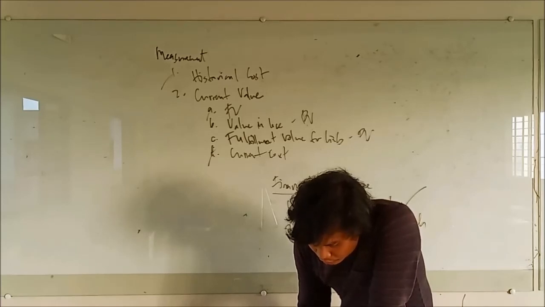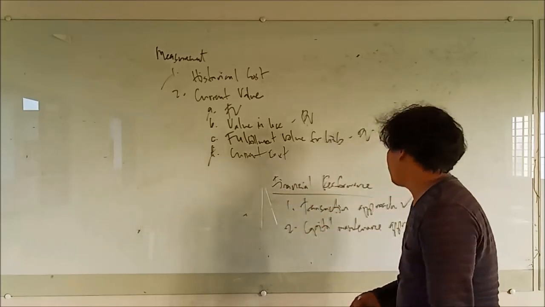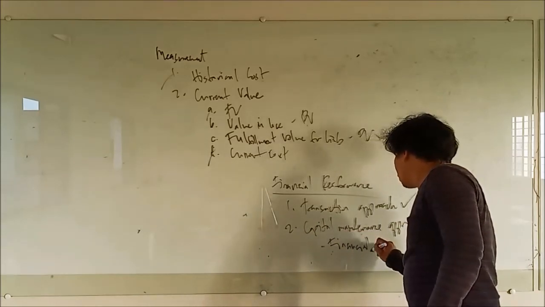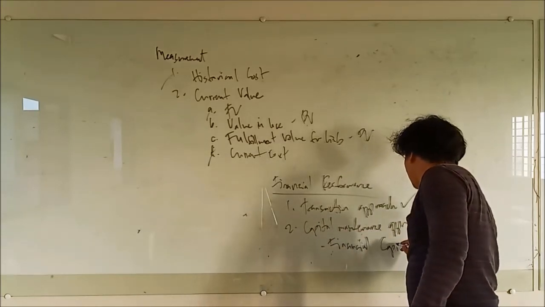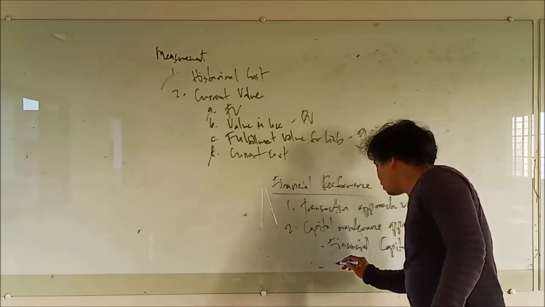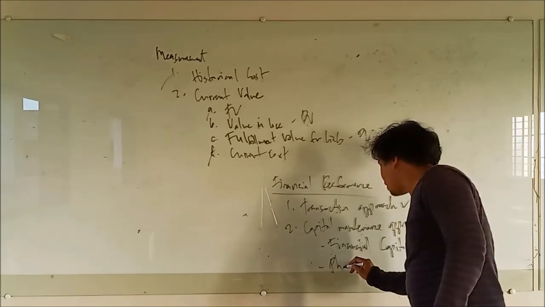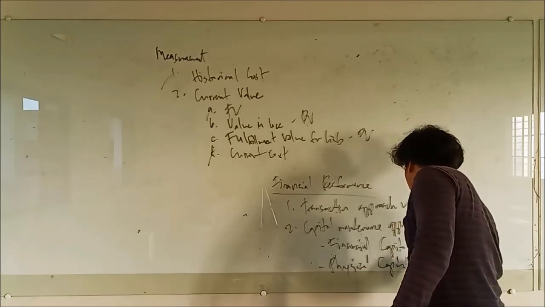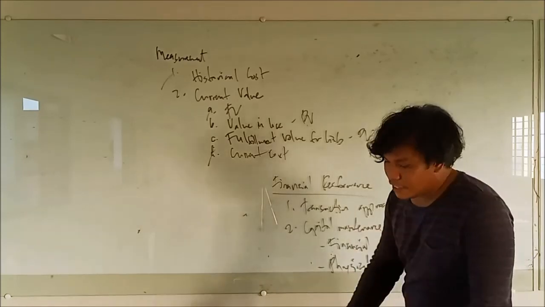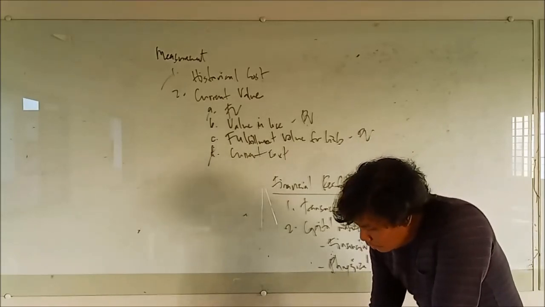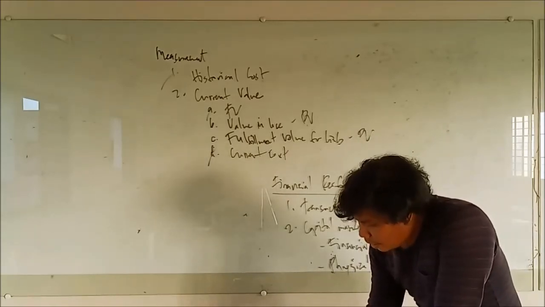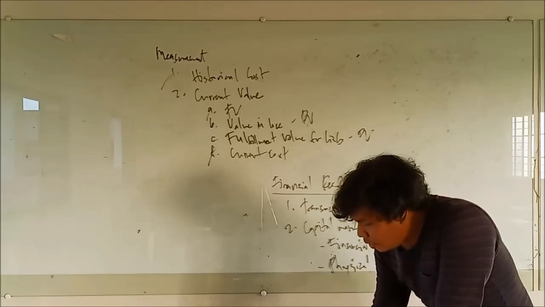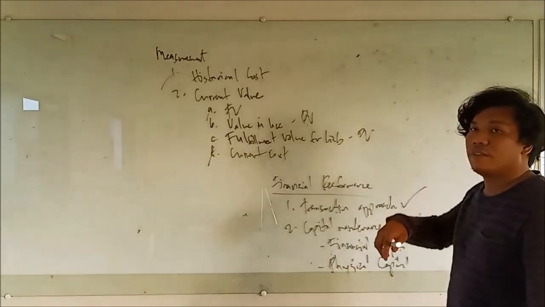Ngayon, meron dalawang concept itong capital maintenance approach. Financial capital and physical capital. So sa financial capital, invested money, invested purchasing power, capital synonymous with the net assets or equity of the entity.